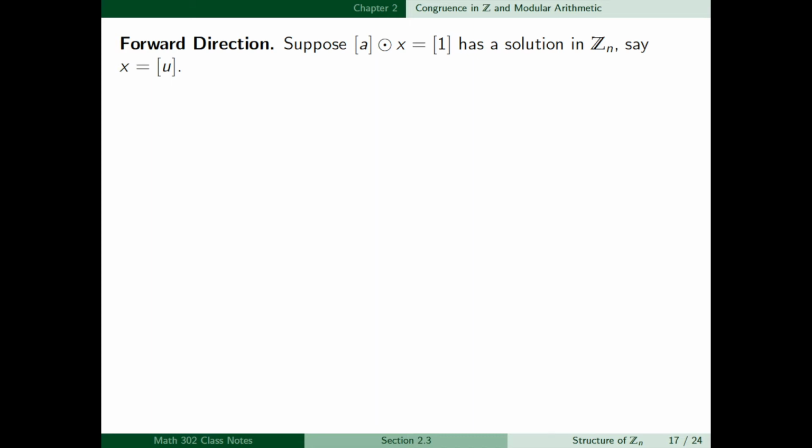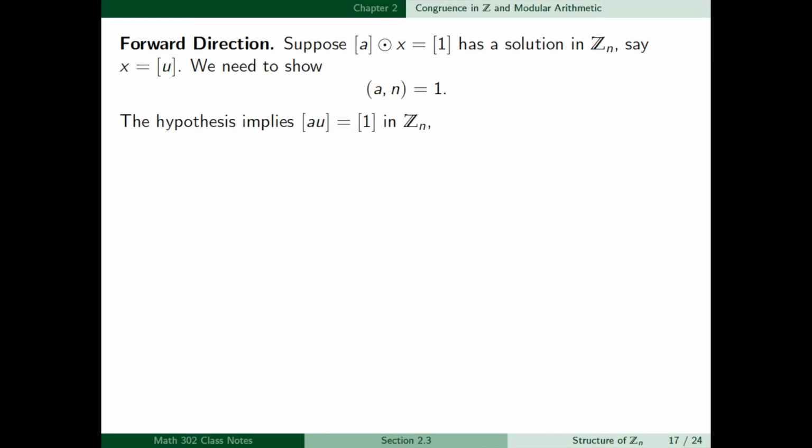So let's say our solution is x equal the class of u. And we need to show the conclusion that the GCD of a and n is equal to 1. Now the hypothesis implies that the class of au is equal to the class of 1 in Z sub n, which implies that au is congruent to 1 mod n.